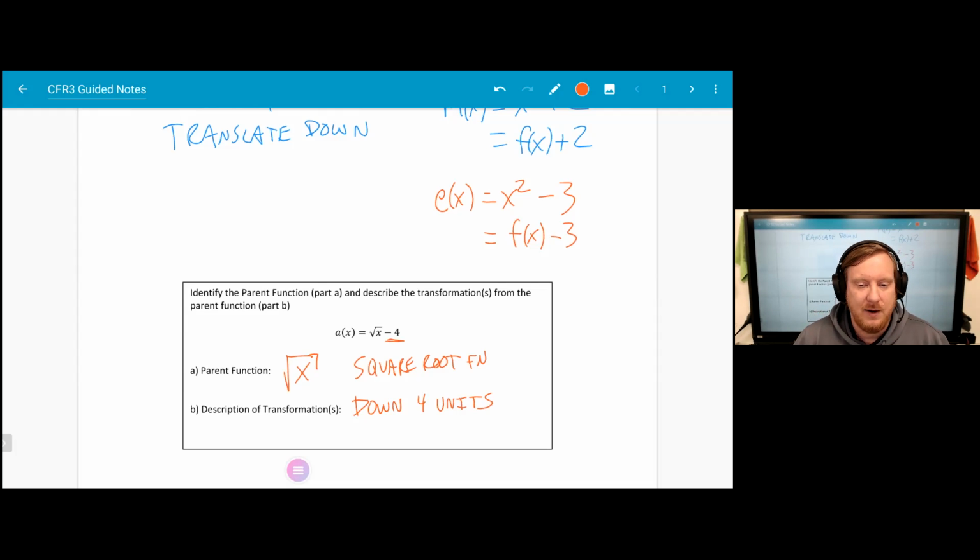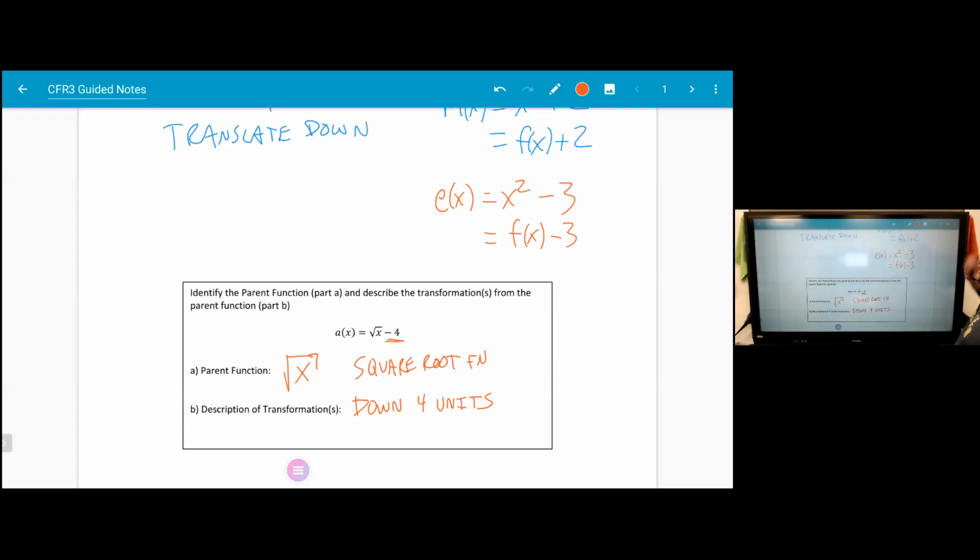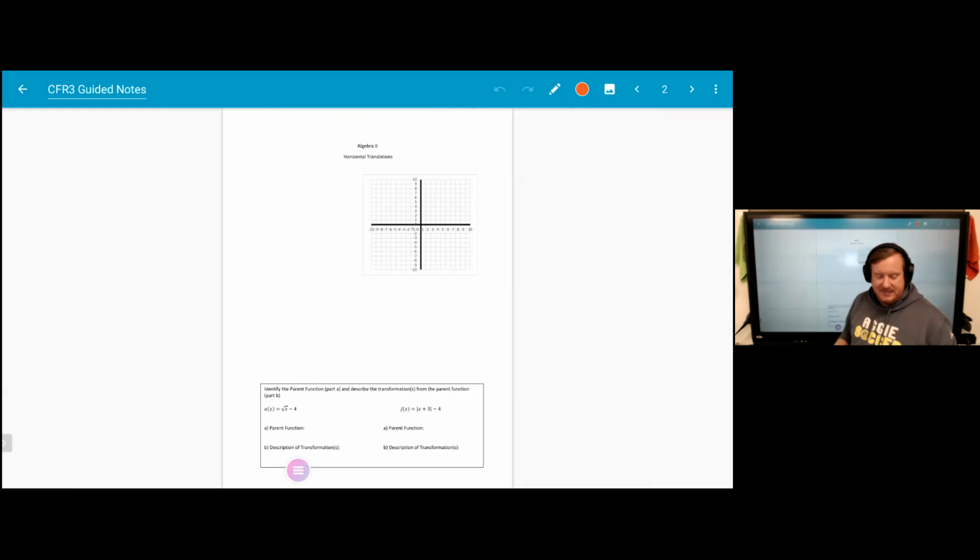Now that we have an understanding of vertical translations up and down, we need to understand horizontal translations, and that's what's next. So next page, we've got horizontal translations. This is where it gets fun. Well, I think it's all fun, but that's beside the point. We're going to do the same kind of thing.